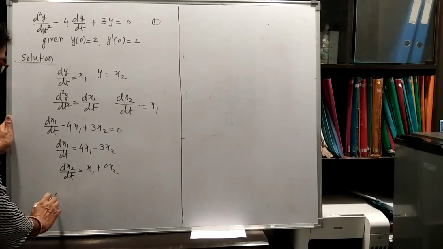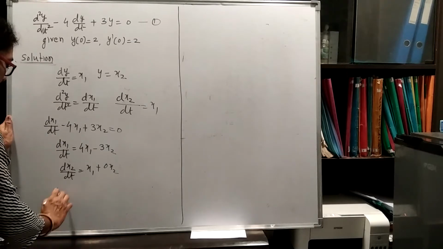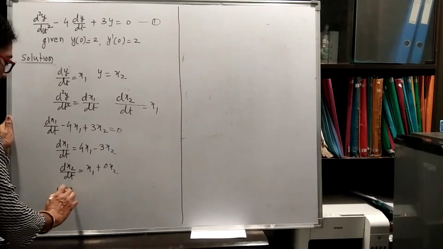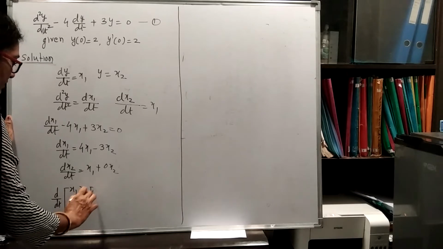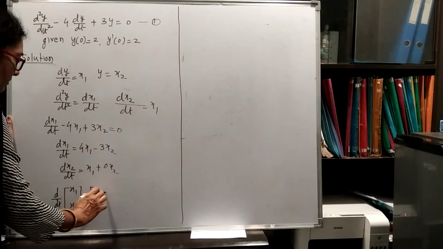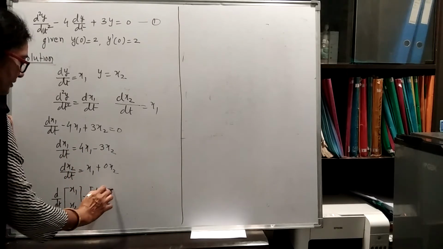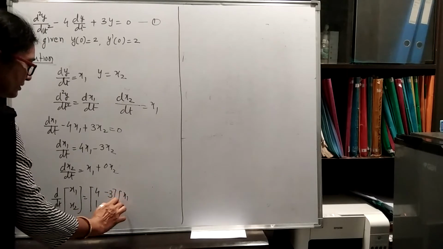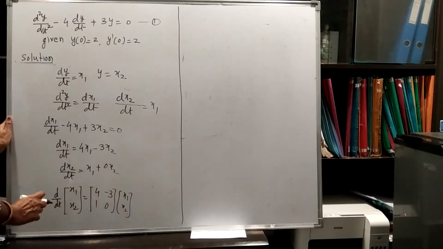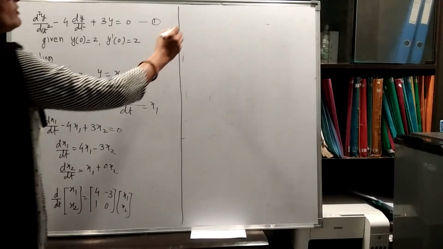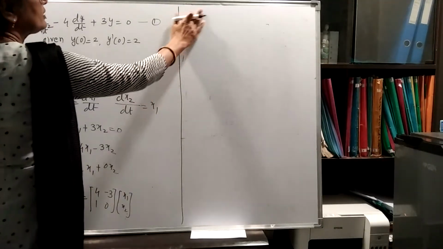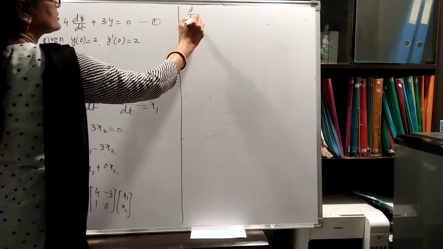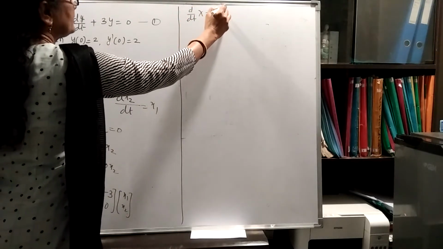So how can we write it? d/dt of x1 x2 is equal to 4 minus 3 1 and 0 times x1 x2. Now here this is in the form of d/dt of x is equal to Ax.